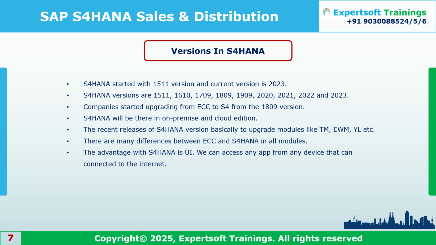Okay, the recent versions, basically 2022 and 2023, are focusing on newer modules like transportation management, EWM, and logistics. They introduced many other modules. Basically, the recent versions focus on those modules.